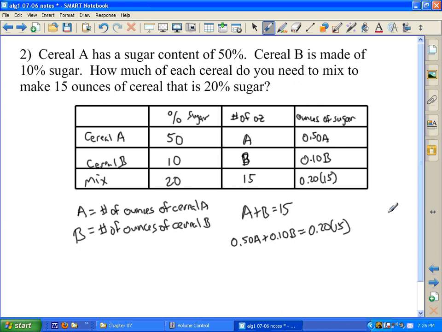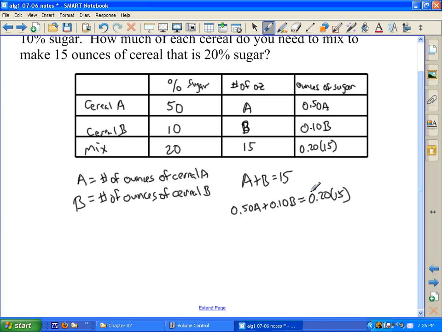Now if you don't like the decimals in there, you can multiply each of these by 100, or you could really just multiply everything by 10, because we only really need to move the decimal one spot over to get rid of all the decimals. So if I multiply both sides of this equation by 10, this becomes just a plain 5A plus 1B is equal to 2 times 15.